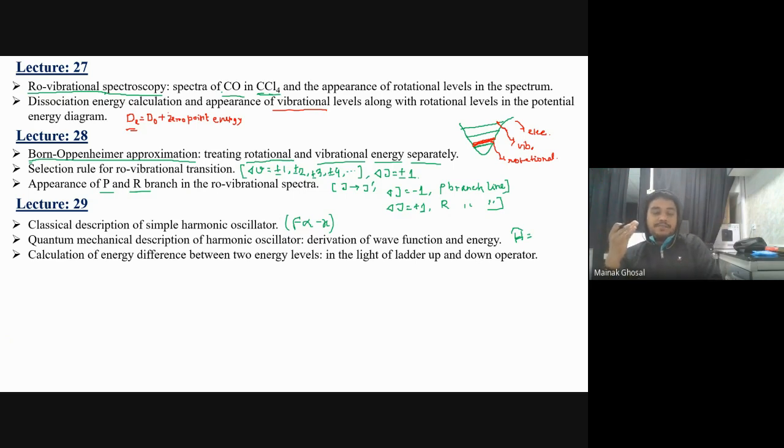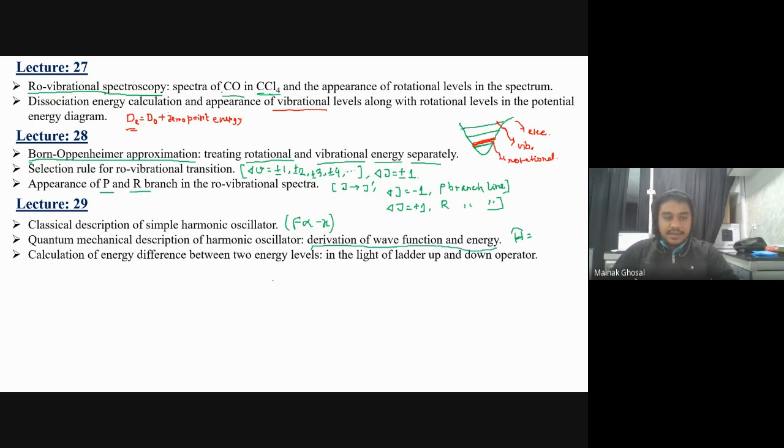So for this harmonic oscillator case, if you know the kinetic energy and the potential energy, you merge them and solve the Schrodinger equation, you will definitely get your psi 0, and since your psi will be an eigenfunction, you will get the eigenenergy E0, the eigenvalue E0, which is your energy. Okay. And this was also very well described by Professor Anirban Hajram, who has described this very beautifully. If you have not seen it, you can see it. This is the derivation of the wave function and energy.